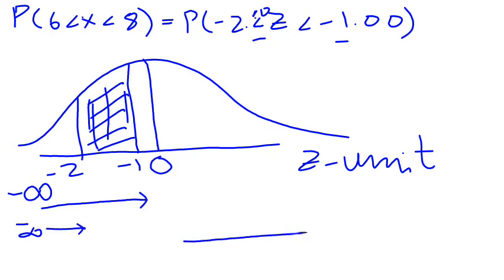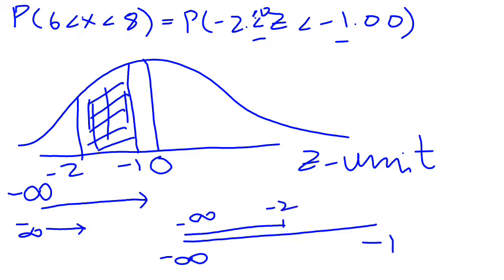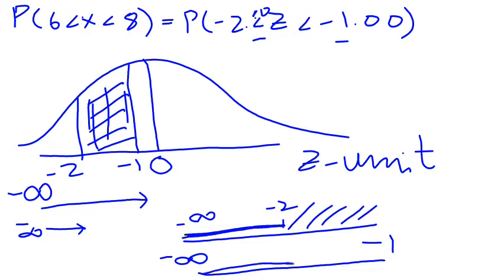So if I know the value from minus infinity to minus 1, and the value from minus infinity to minus 2, and I need this area, I can subtract the smaller value from the bigger value and get the remaining value.